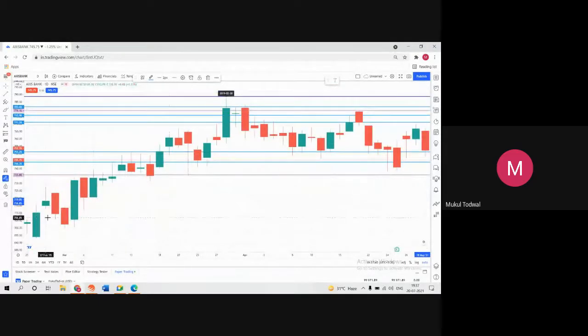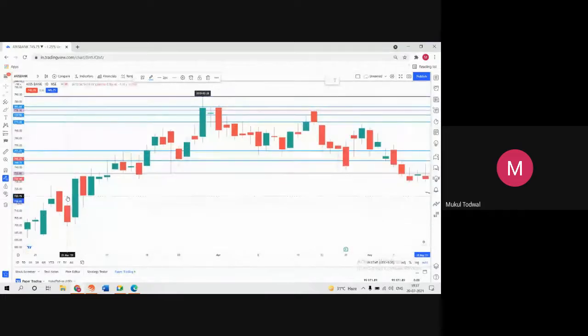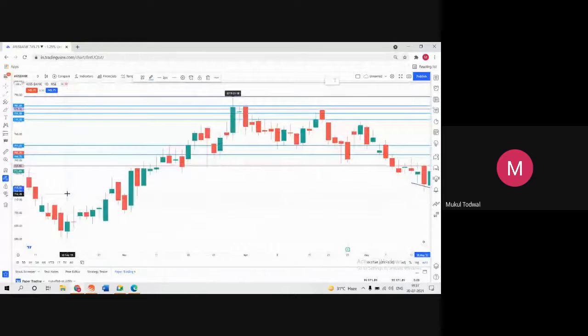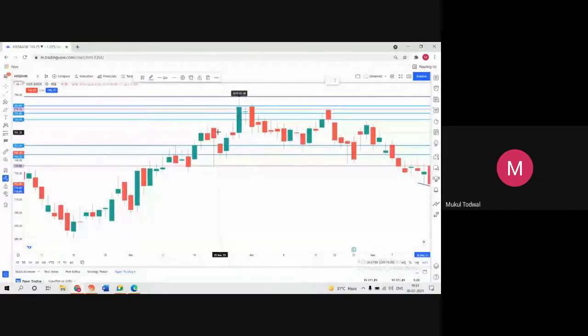See, the stock is in an upward trend. Are you all with me till this? Do you also agree that this is an uptrend right now? Yes, sir, it is. A green candle followed by a green doji candle, then a red candle.